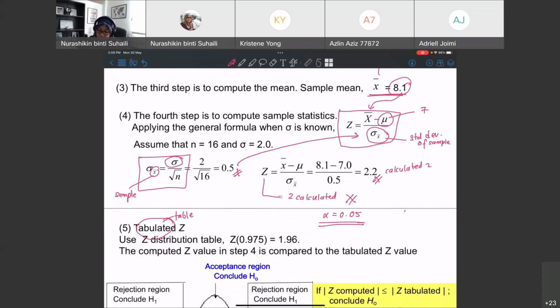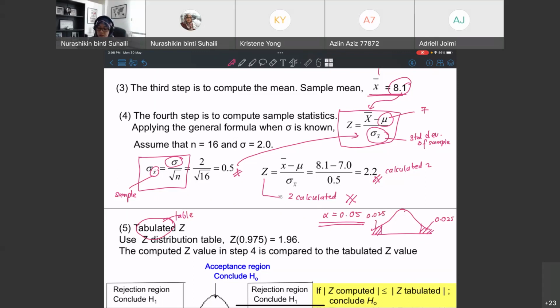So sketch the Z distribution, the normal distribution, and you know that the alpha 0.05 is divided into 2 if you are referring to the two-tailed situation. Each of these is 0.025, isn't it?